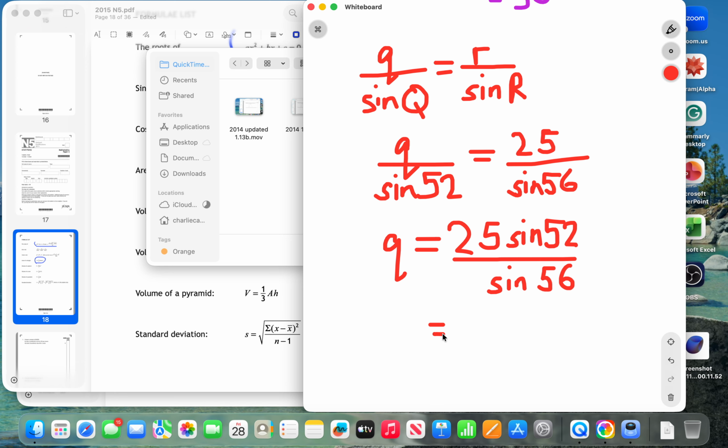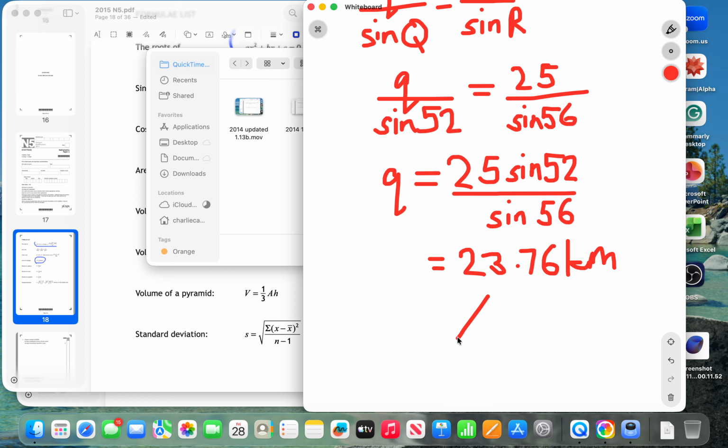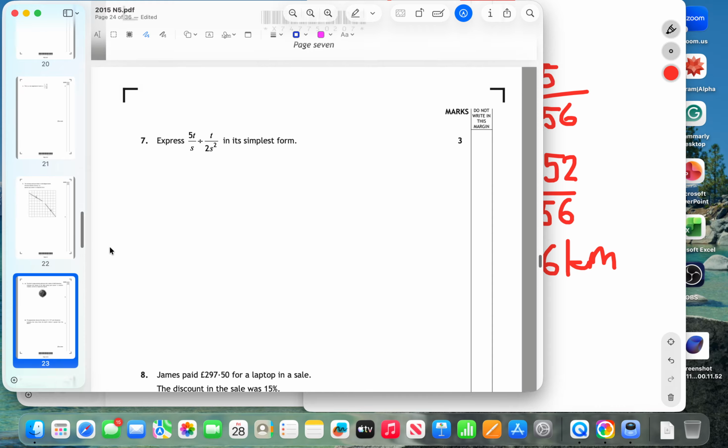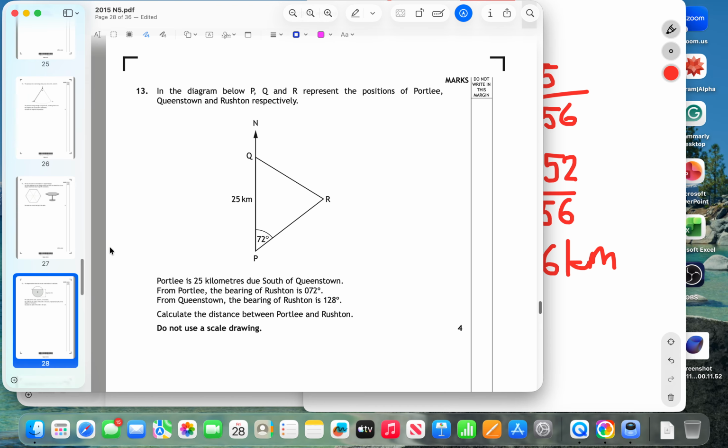Plugging this into the calculator gives you, watch out for degrees and radians. You use degrees, you do not use radians. That is 23.76, and the units are kilometres. And just a final statement to say that's the distance. We will have a look at the context of the question.